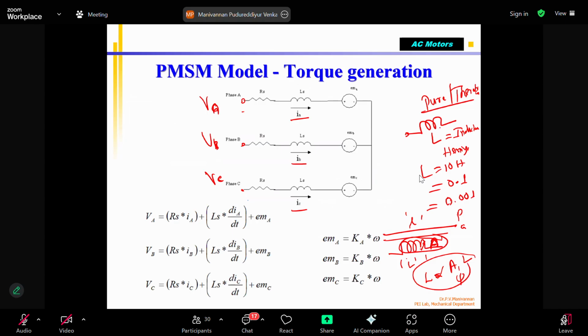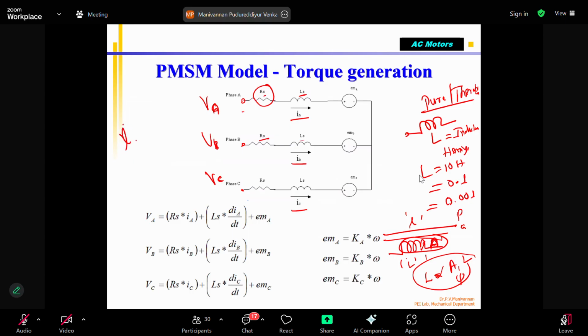But since I took a copper wire, copper already has a resistance. It is not a superconductor. So each phase of the coil has resistance Rs, where subscript S means stator coil resistance, and stator coil inductance. This is for phase A. Similarly for the other phases. And there's a current flowing.